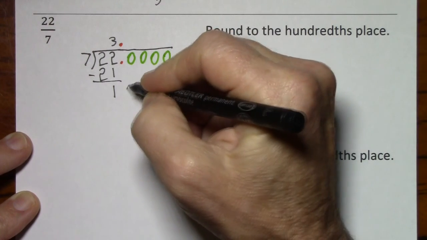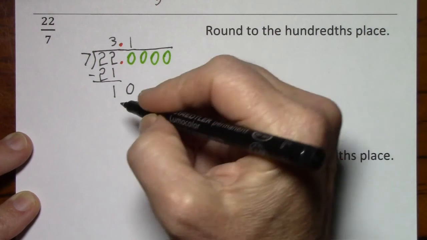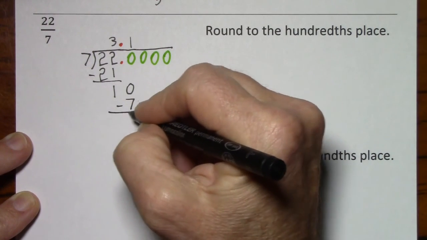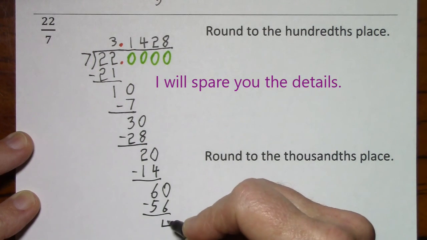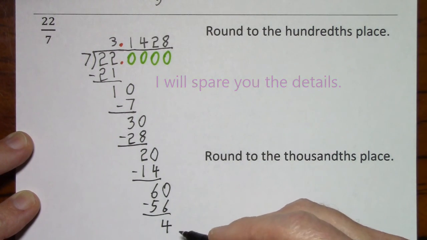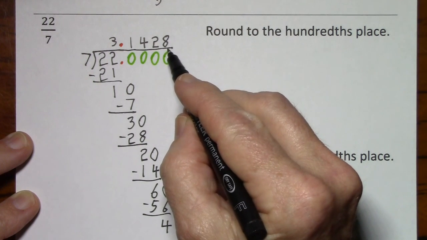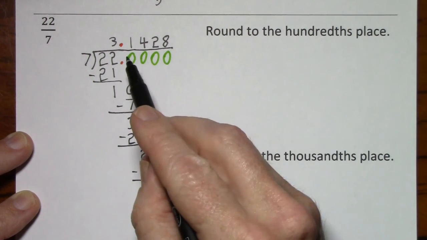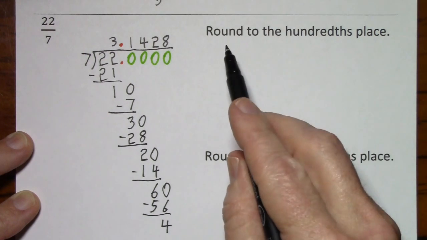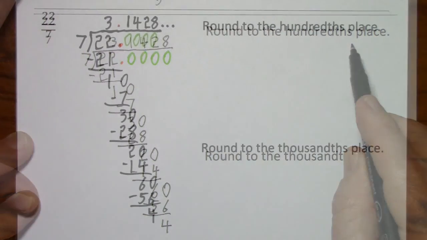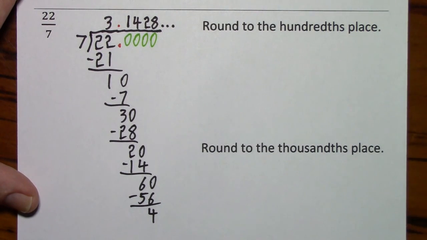Bring down a 0. 7 goes into 10 1 time. Bring down a 0. I could go a few more digits. Eventually this pattern will start to repeat. But rather than have to carry this out until the pattern repeats, I'm asked to round to the hundredths place. So I'll say a little bit about rounding and then we'll come back and do these two.